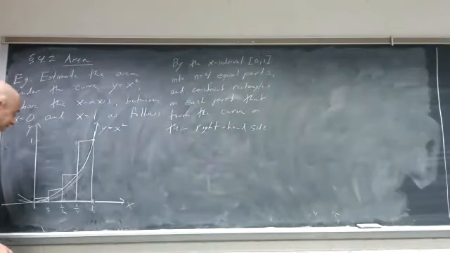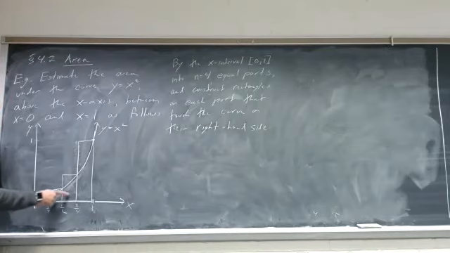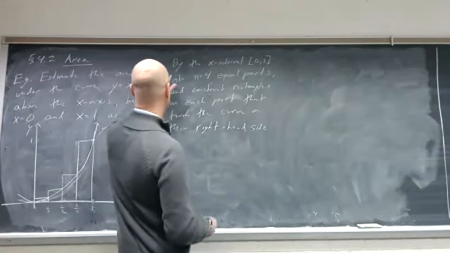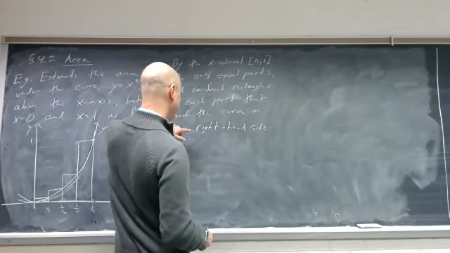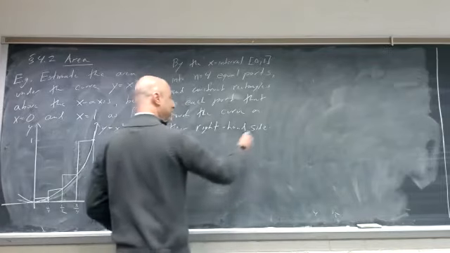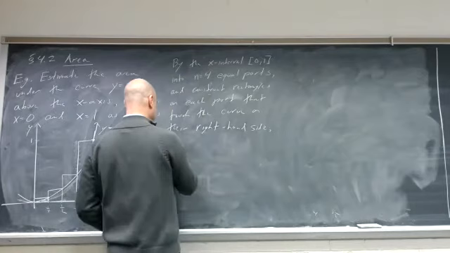So let's compute the area of these 4 rectangles all together, the area of this, the area of that, the area of that, the area of that. So we're going to construct rectangles on each part which touch the curve on the right-hand side and compute the total area of those 4 rectangles.